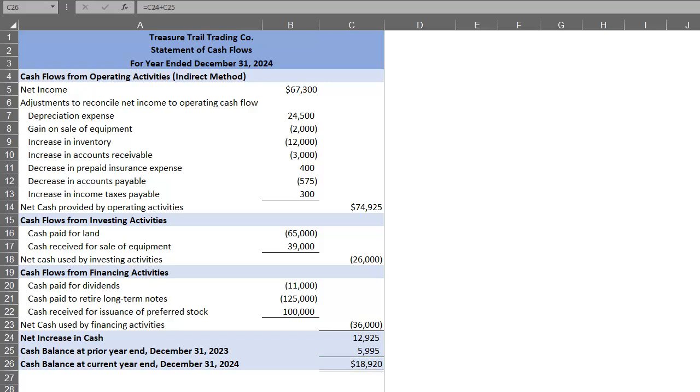So this is our ending cash balance for the current year. And this is the point where we tie it out to our balance sheet. So the ending cash balance here on cell C26 on the statement of cash flows should match the current year cash account balance on our balance sheet.